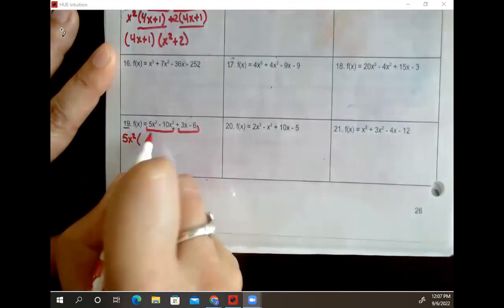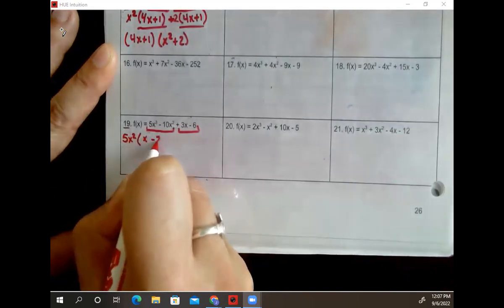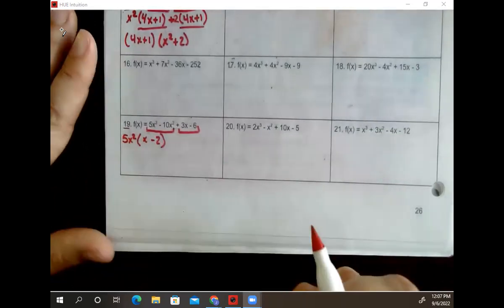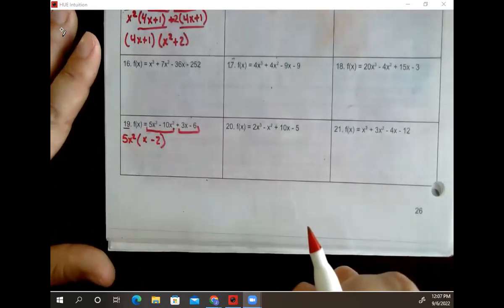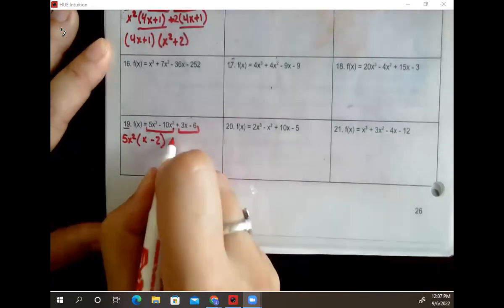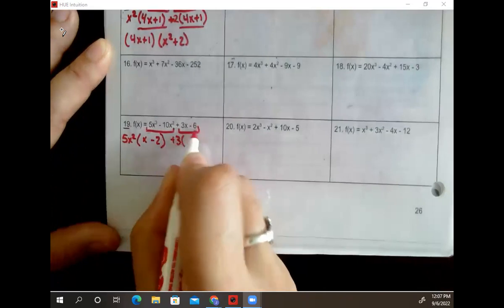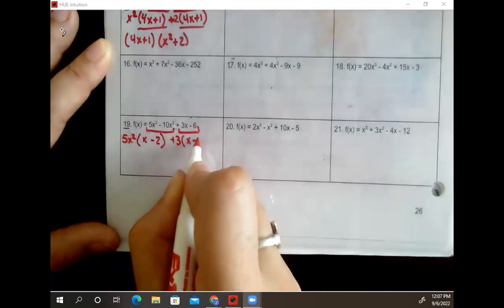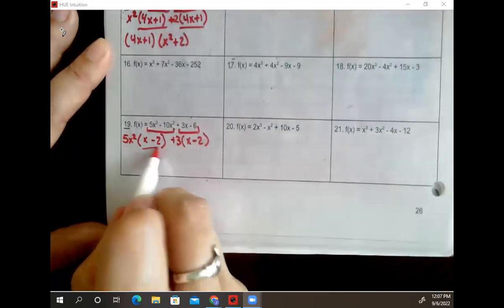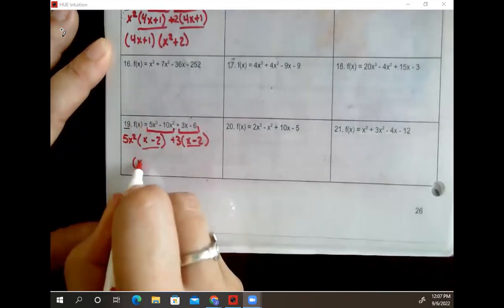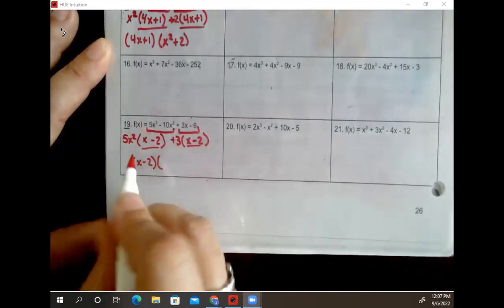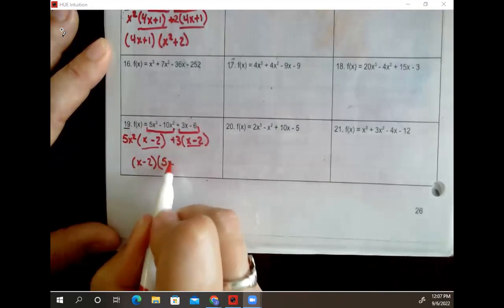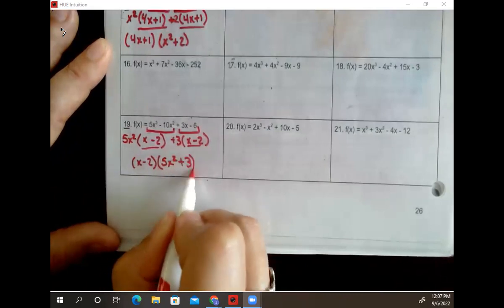So left over, I would have x minus 2. How about my second group? What's the GCF there? Positive 3. When I divide 3 out of here, I'm left with x minus 2. Stuff in parentheses is the same, so that comes out front. And then left over, I've got 5x squared plus 3.